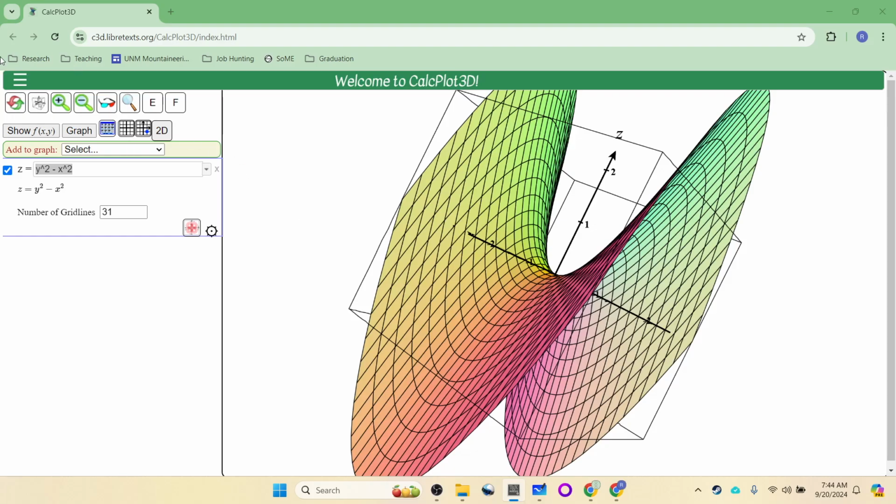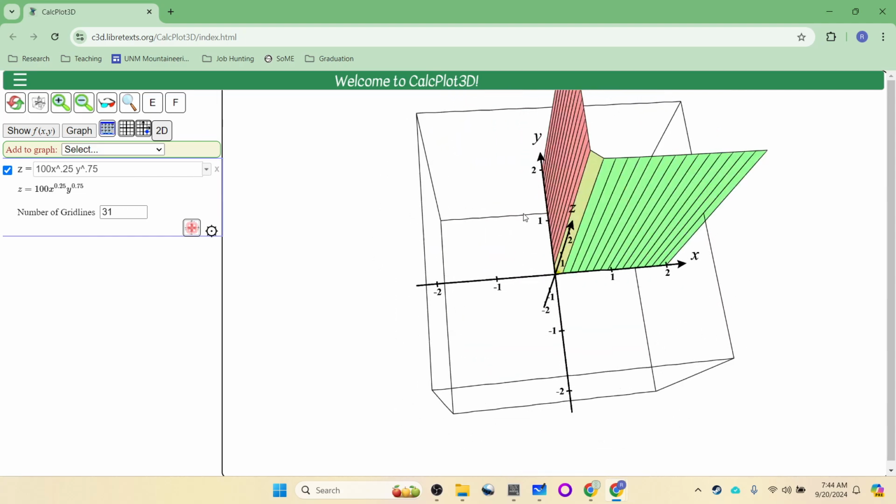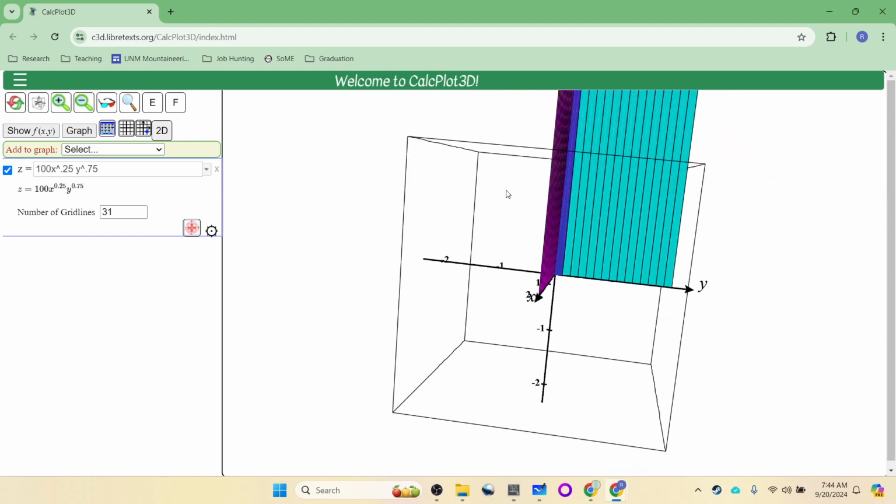Is there a b here? Yeah. So 100 x to the 0.25 y to the 0.75. It's a really oddly shaped function.